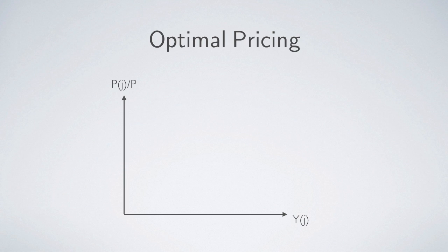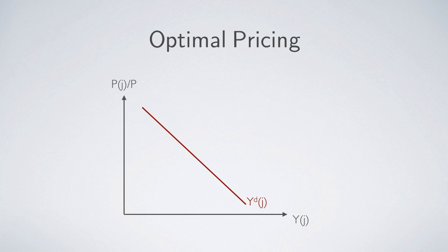Now we are ready to discuss optimal pricing. The vertical axis is the relative price in terms of unit basket. It can also represent the real marginal cost in the unit of basket. We already discussed that an imperfectly competitive firm faces a negative slope demand line, YDJ.